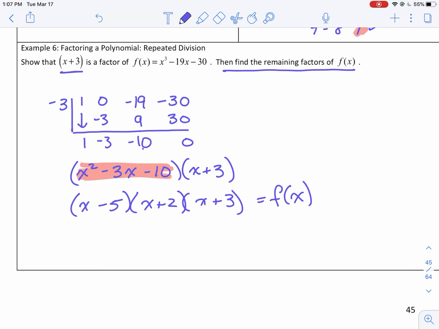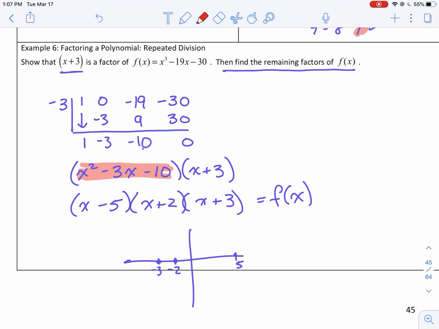This is really useful because if we take this back to the lesson last week where we were graphing polynomials and talking about behavior of the curve at the zeros, I could now sketch my polynomial. I know that I have a 0 at 5, at negative 2, and at negative 3. I know that it's going to pass straight through each of them because none of them have a multiplicity that's even.